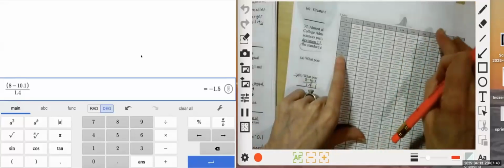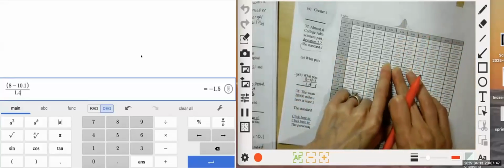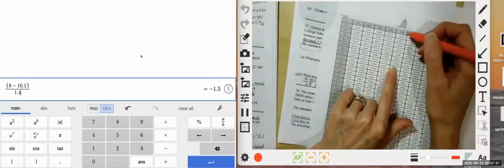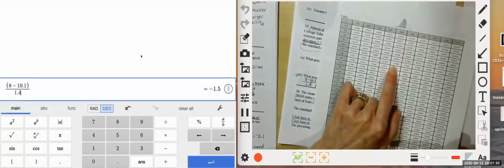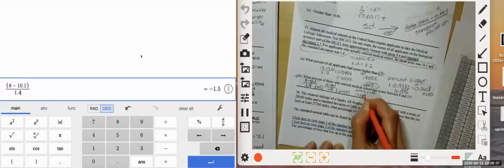So 0.6429, 0.64. 0.642, so I would just leave it at 0.64, and we get 0.7389 minus negative 1.5.